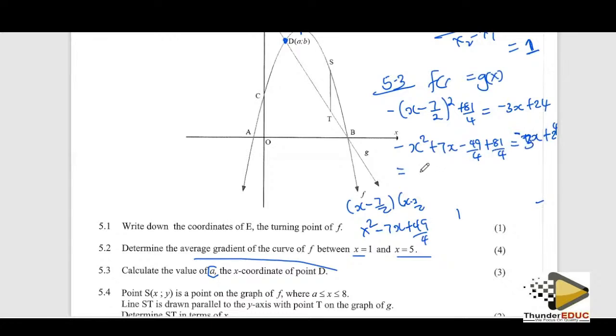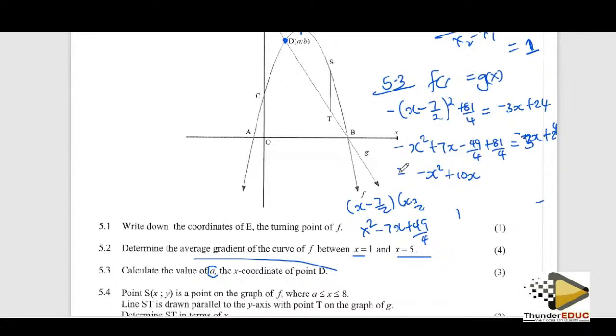Okay, let's see. It's negative x squared. Yeah, I think I see where I went wrong. That's a 10x. So minus 49 over 4, plus 81, and then we're subtracting the 24.